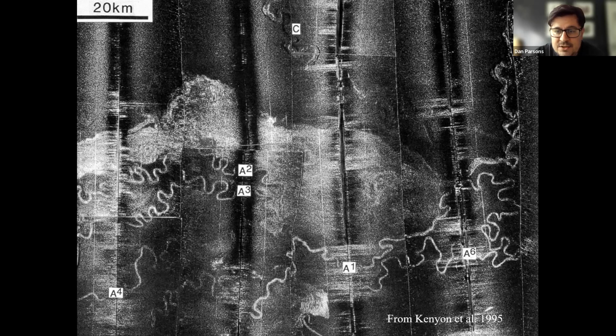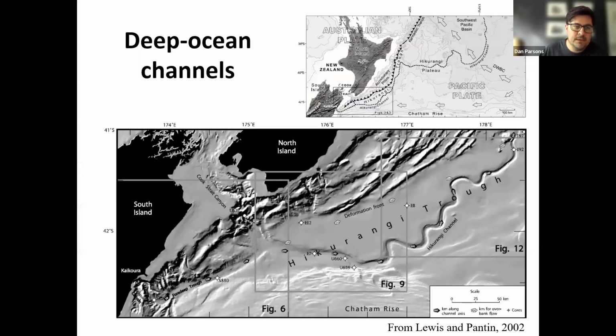This one here is the Indus channel, where you can see lots of bends, lots of channel systems going across this big sedimentary fan deposit. And Rick Hiscott and Ken Pickering and others were involved in publishing some of the results from this survey that just gave us a glimpse of these features on the seafloor.